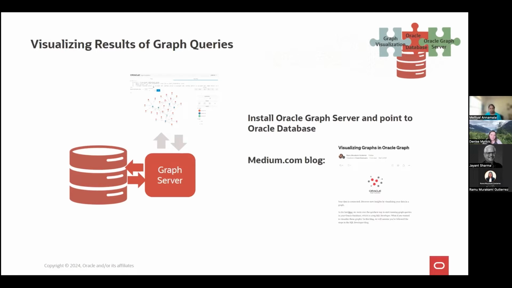It is comprehensive and will highlight how you can set up Graph Server and start visualizing your queries using a simple browser-based tool. So these are the 2 other puzzle pieces that come together. You have the database, now you're connecting it to the Graph Server, and you get the graph visualization tool.